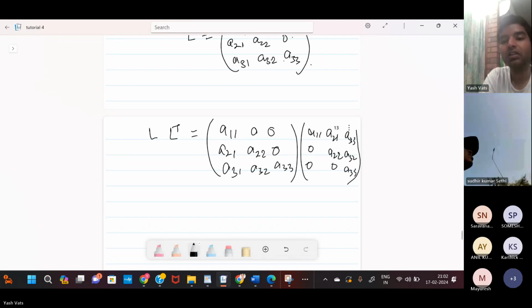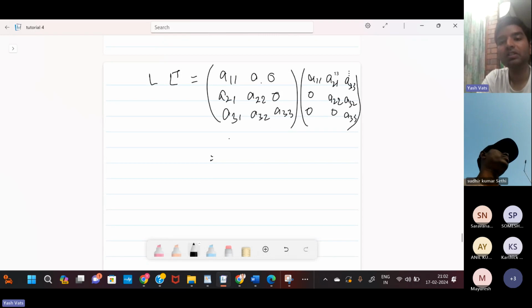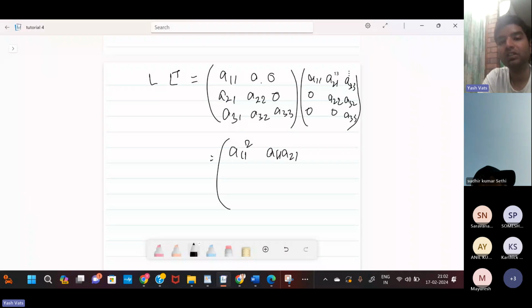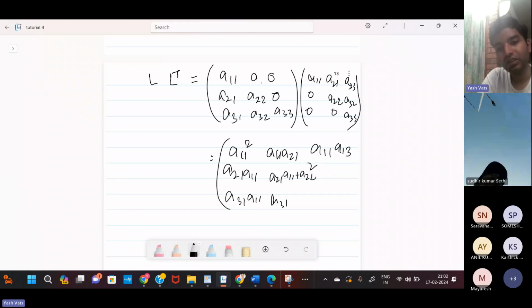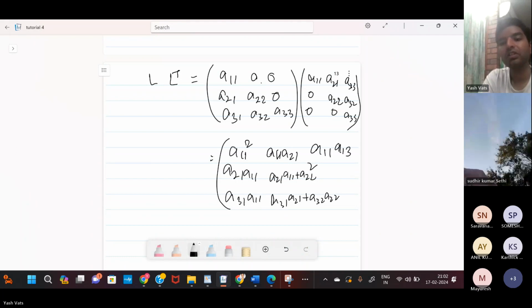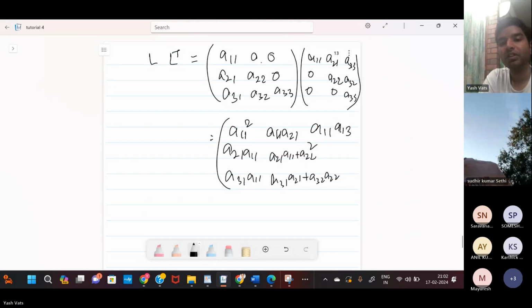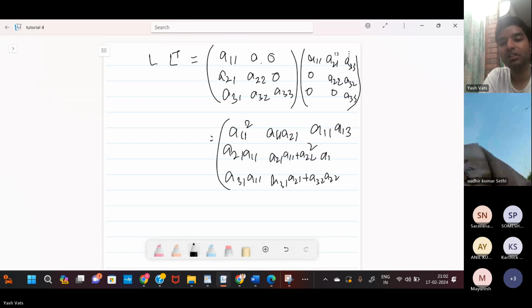Take the products: A11 square, A11 A21, A11 A31; A21 A11, A21 square plus A22 square, A31 A21 plus A32 A22, and similarly A31 A33.